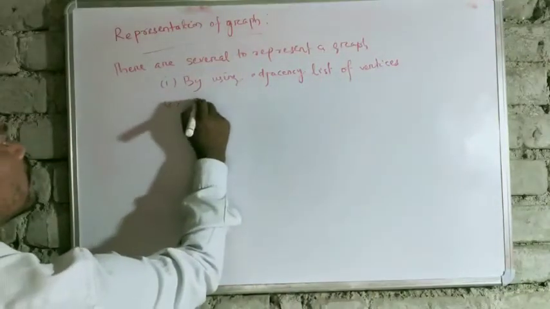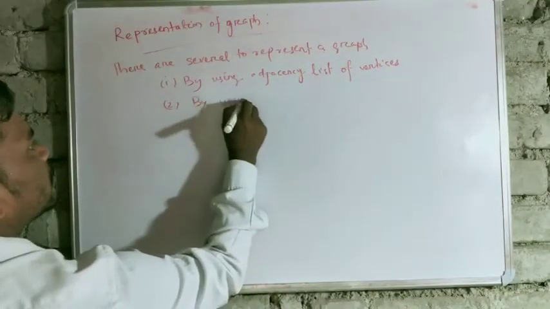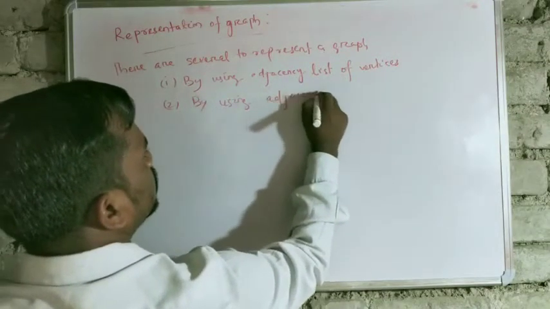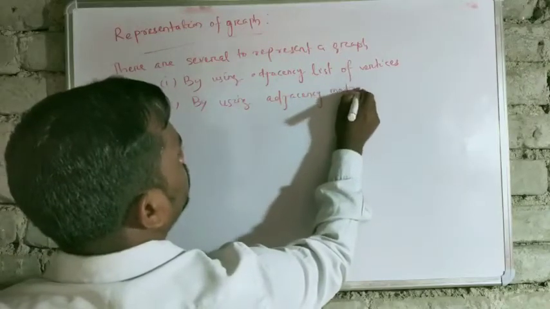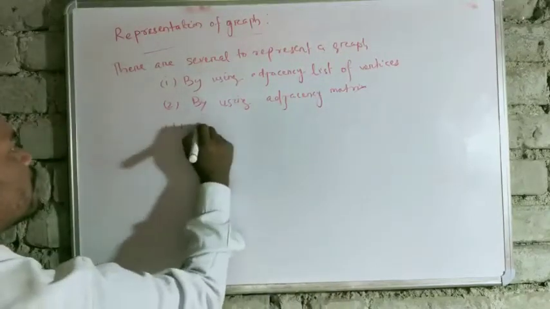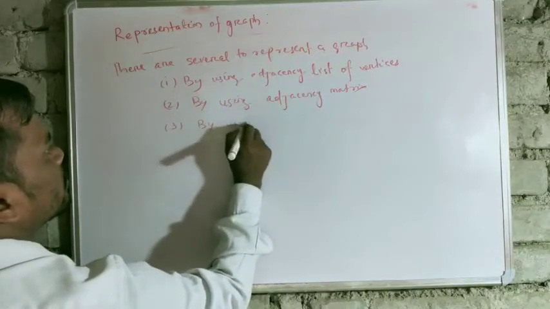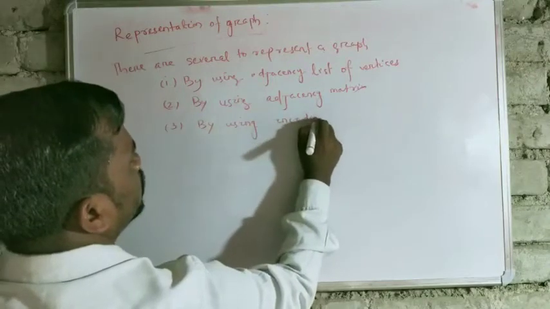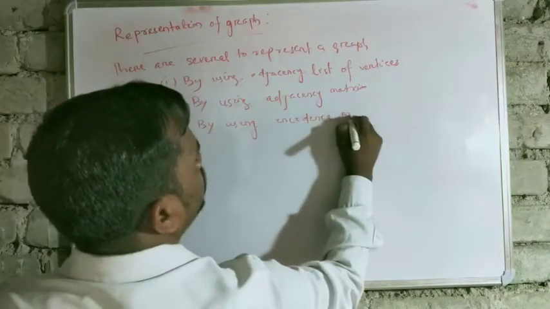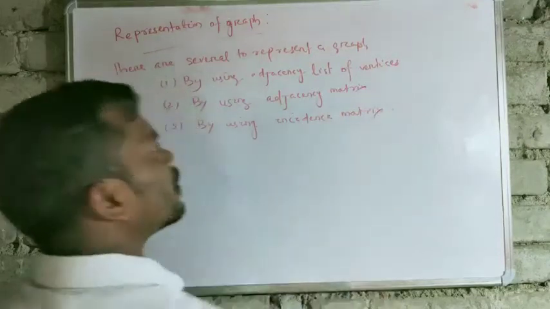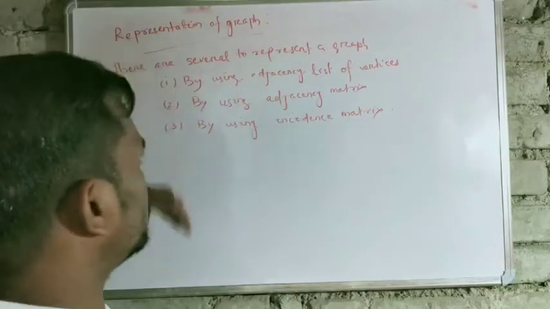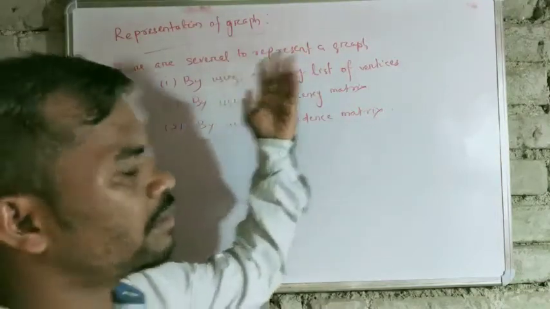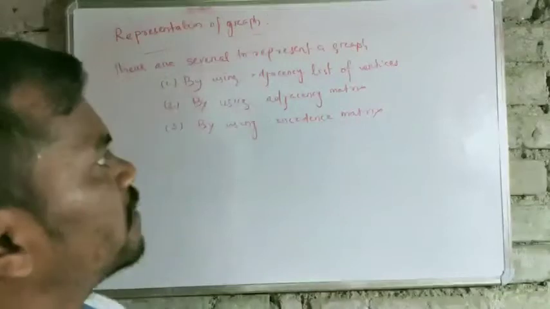Second, by using adjacency matrix. Third, by using incidence matrix. So by using these three ways, we can represent a graph in some different ways.